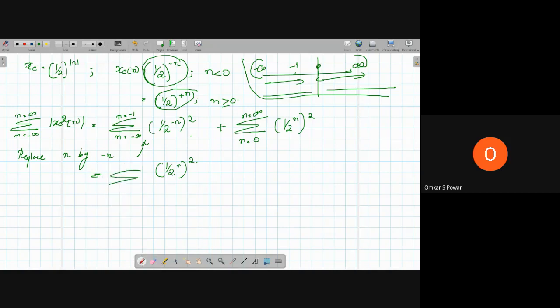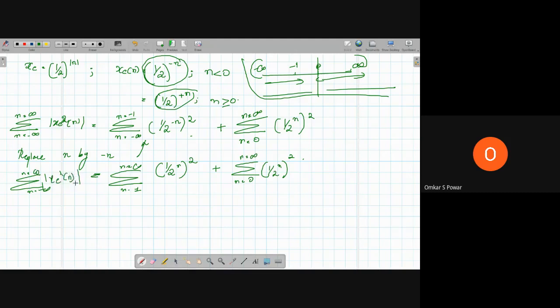So this will become summation n equals 1 to infinity half n the whole square, plus summation n equals 0 to infinity half of n the whole square, which is equal to summation n equals minus infinity to infinity mod x of n square.